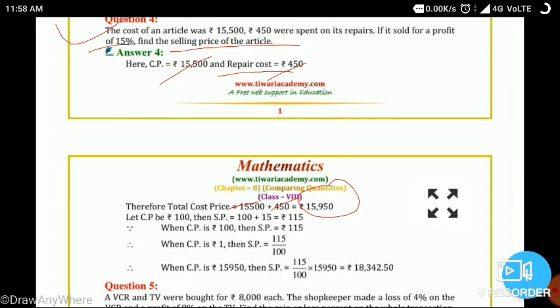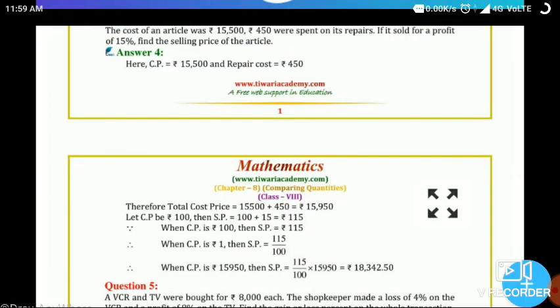Okay, this is the total cost price. Okay students, now see, here, if it is sold for a profit of 15 percent, so let CP be rupees 100, then SP is equal to what? So 15% of 100 is equal to 15, so 100 plus 15 is equal to 115. Understood?